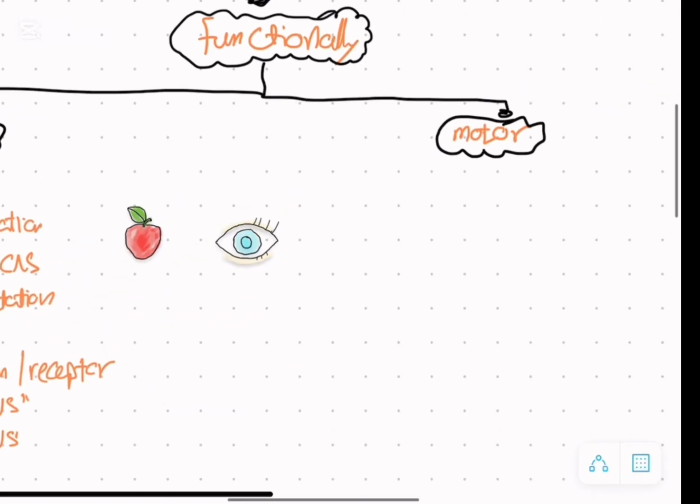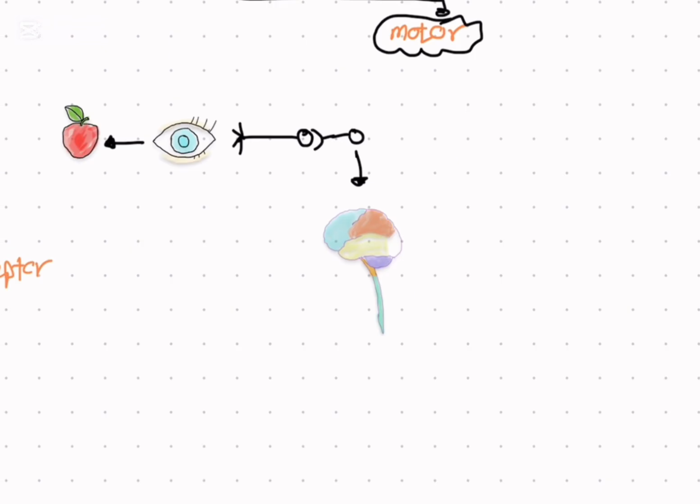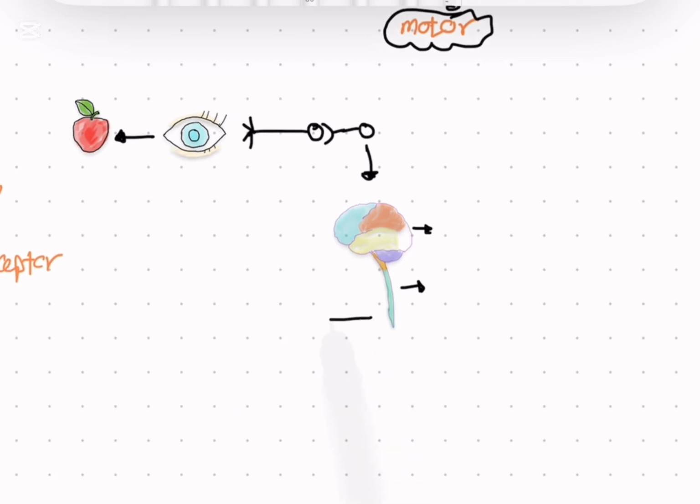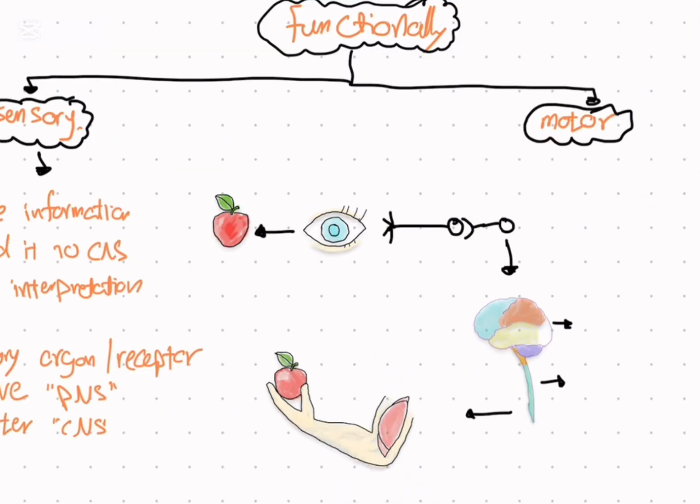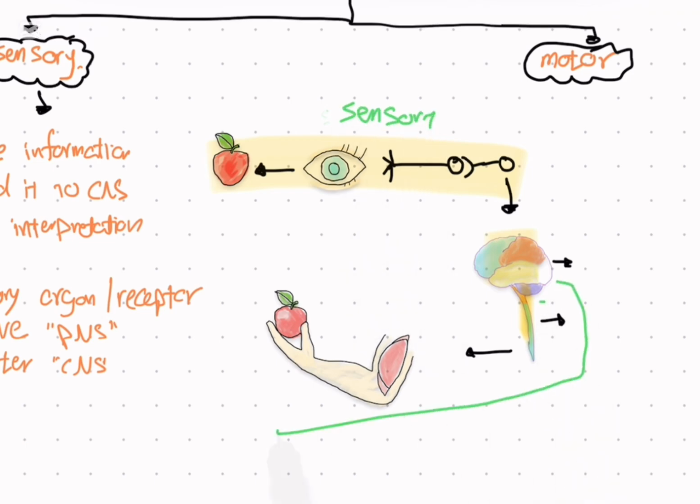So imagine I saw an apple and I want to hold it by my hand. The information will go from my eyes through the visual field to the central nervous system, and there will be interpretation of the information, and an order will come from my brain again to the muscles of my hand, and there will be the movement, or the motor part.